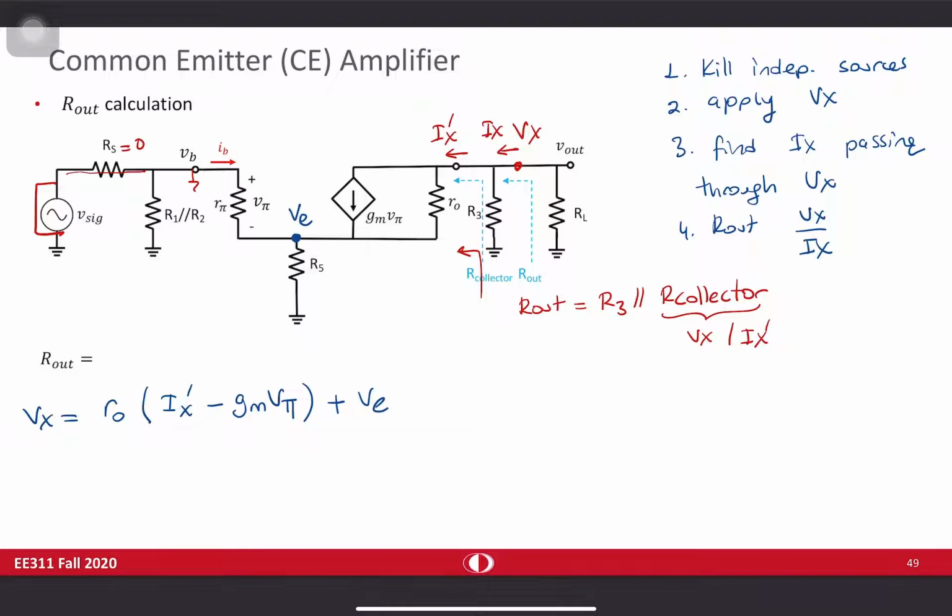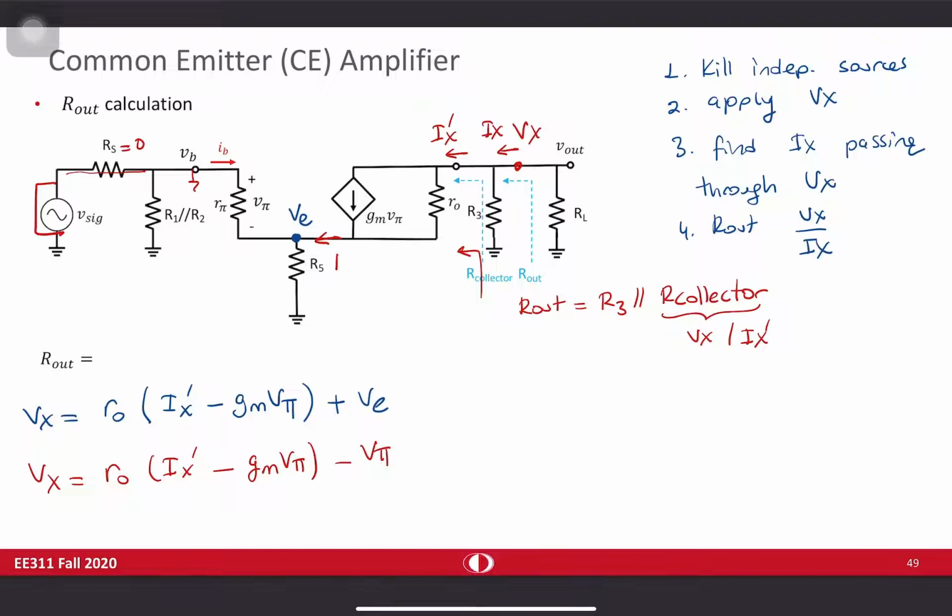So VE will be equal to minus V pi. So Vx can be written as R0 Ix prime minus Gm V pi minus V pi. But what is V pi?